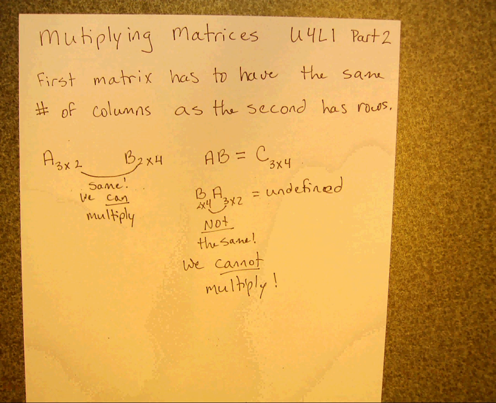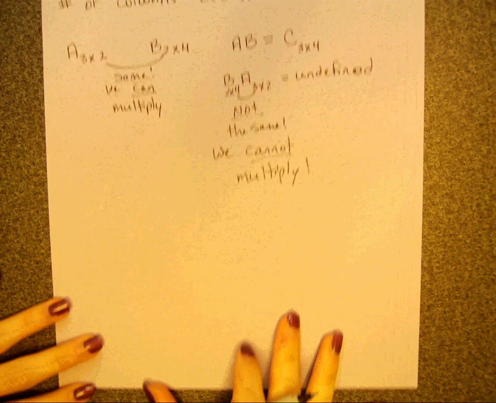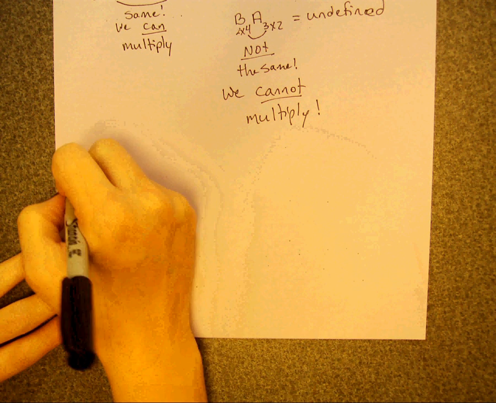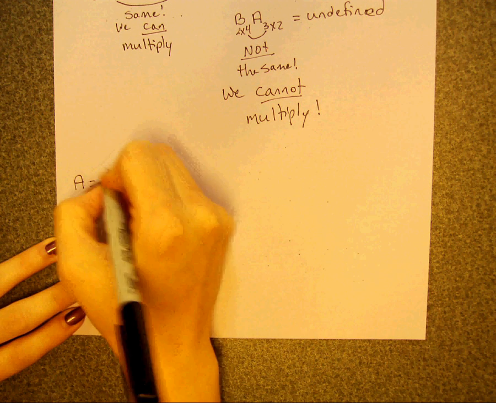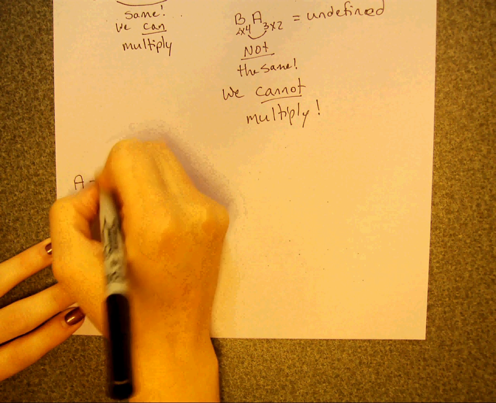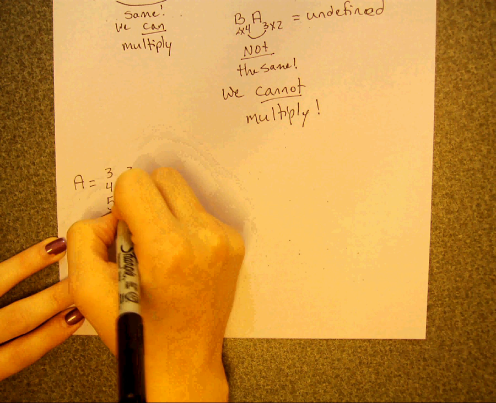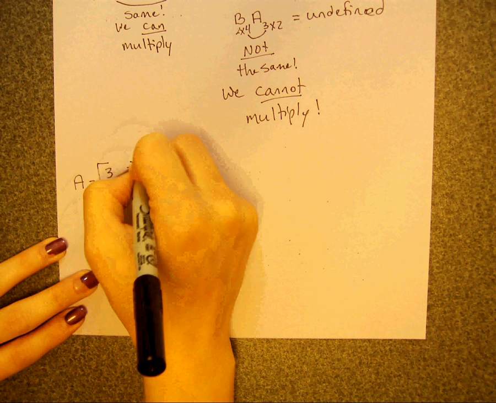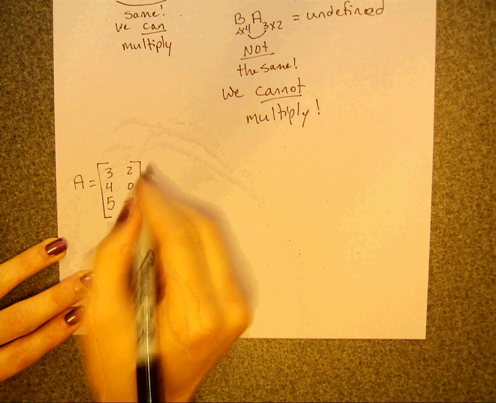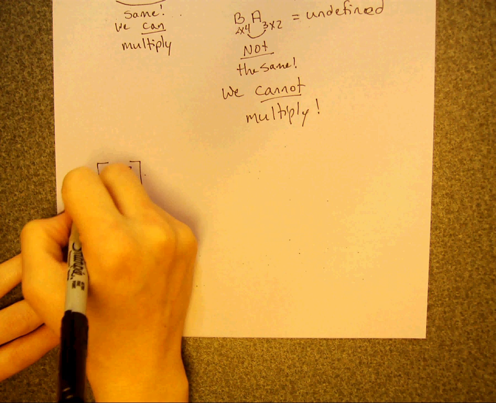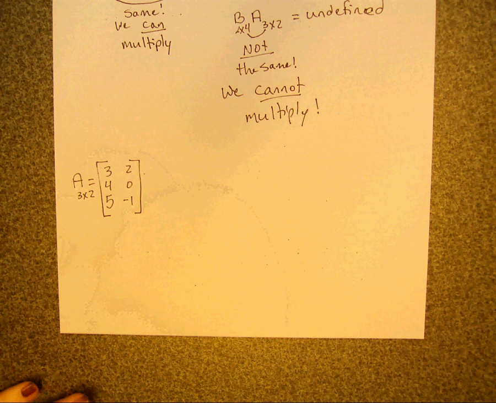All right, so let's actually look at how we multiply matrices together. So let's say A is, I have 1, 2, 3 rows and 1, 2 columns. So A is 3 by 2.